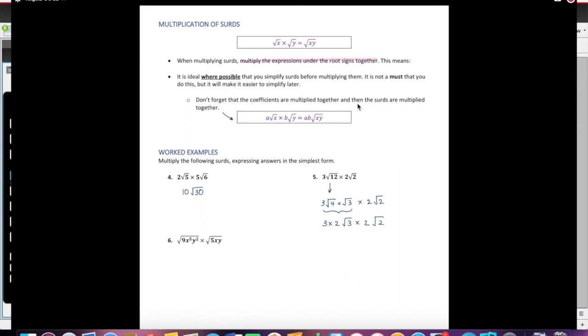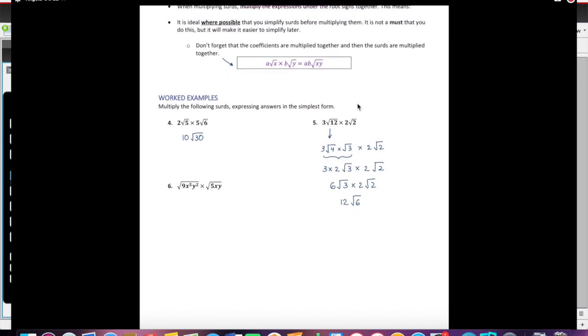So simplifying this further now, we're going to get 6 root 3 times 2 root 2, which is then going to give me an answer of 12 root 6. So looking at this now, I know I can't simplify root 6 any further, so I'm going to leave it like that. So my final answer is going to be 12 root 6.